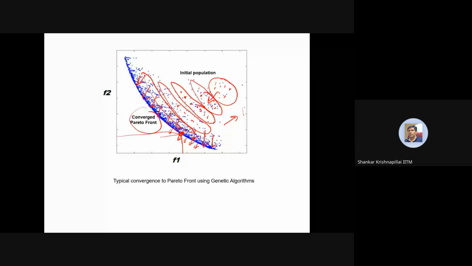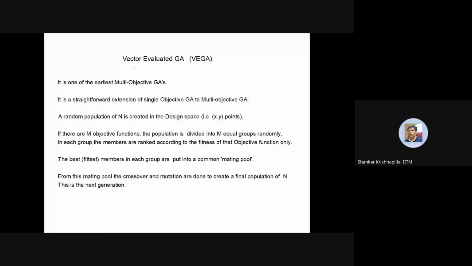First we are going to look at one of the earliest multi-objective genetic algorithms, called the vector evaluated genetic algorithm, or VEGA. I think it emerged in the 1980s or something.